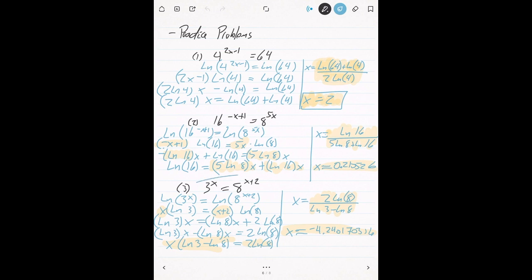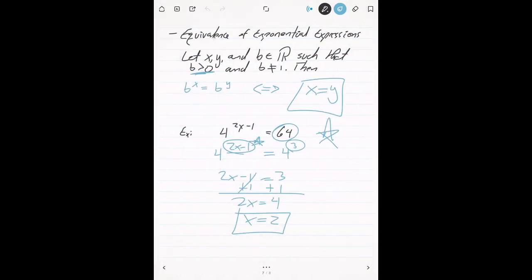Would it work for a problem like this or this? Not really, because I can't write 16 as a power of 8, and I can't write 8 as a power of 3 or vice versa. So it would be a little too difficult to do for any of these problems, other than in the very special case that your bases can in fact be represented like this.